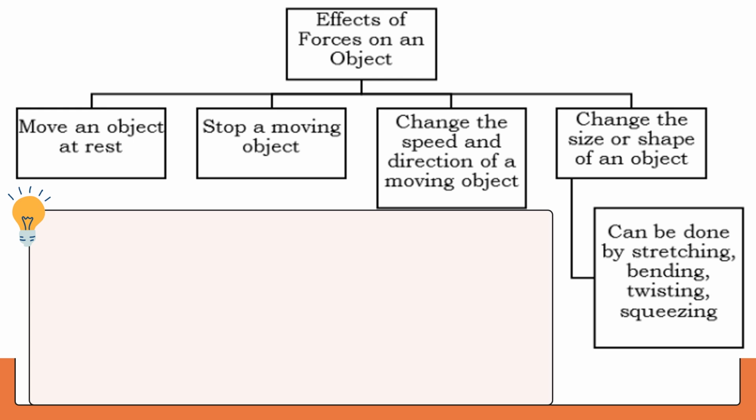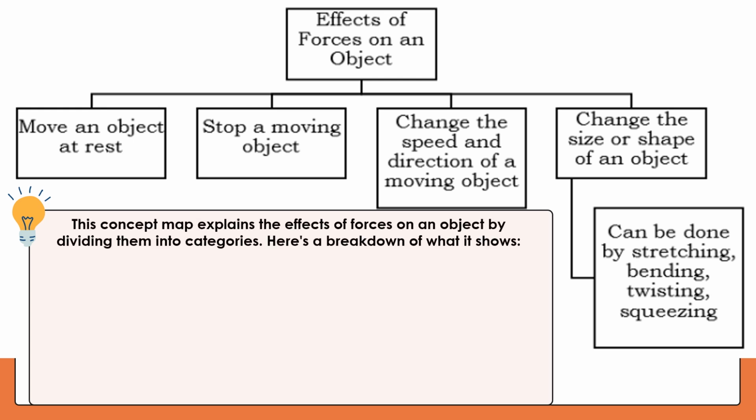It can move an object at rest. It can stop a moving object. It can change the speed and direction of a moving object. It can change the shape or size of an object. And last, it can be done by stretching, bending, twisting, and squeezing.